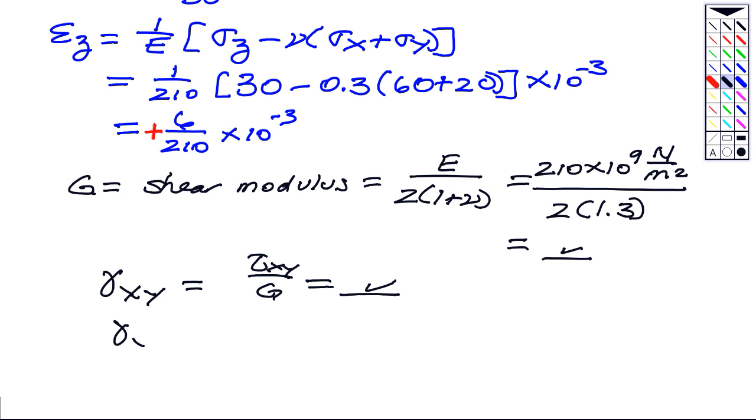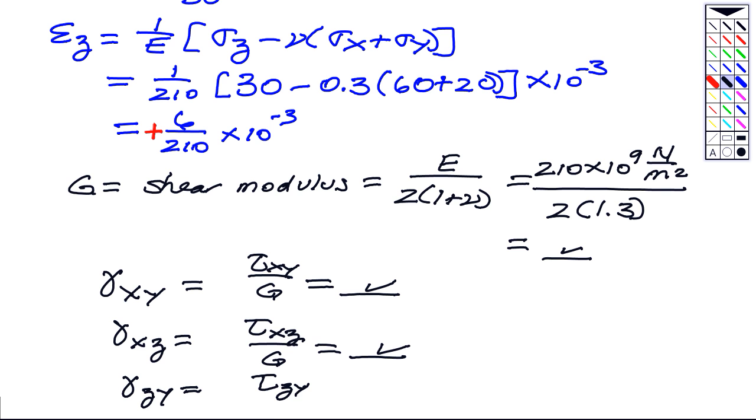Gamma xz is going to be tau xz divided by G. And gamma zy, or yz, whichever way that you want to write that, is tau yz divided by G, that gives us the last component. So this problem is an exercise really in getting used to those 6 equations.